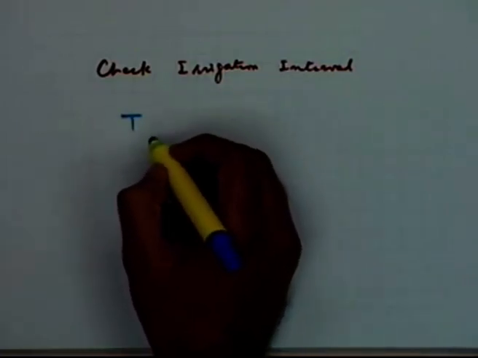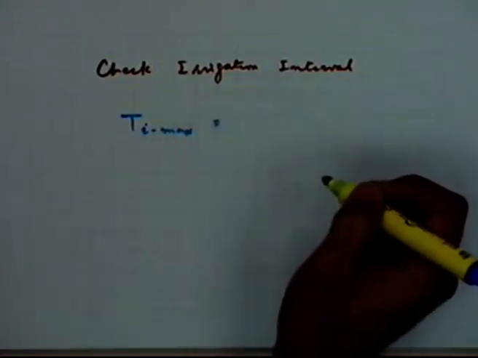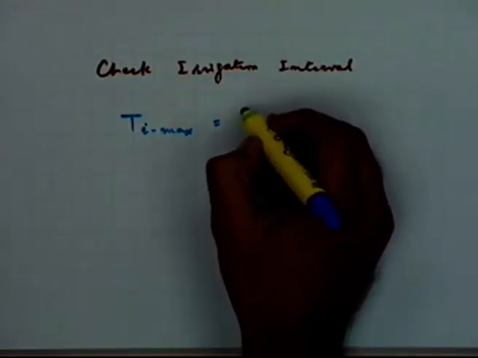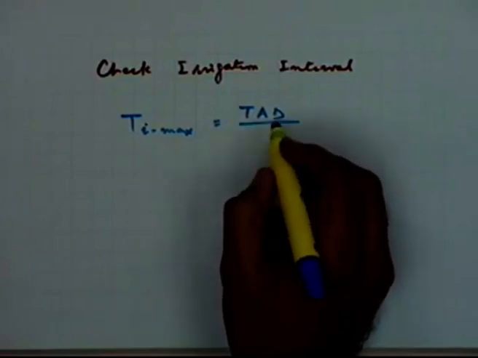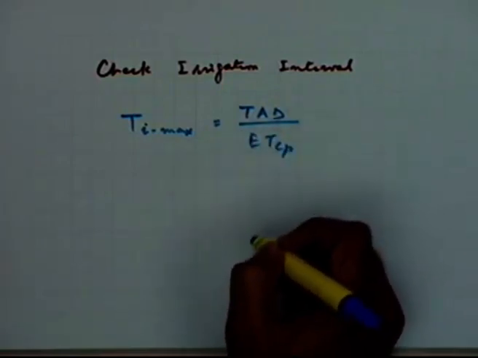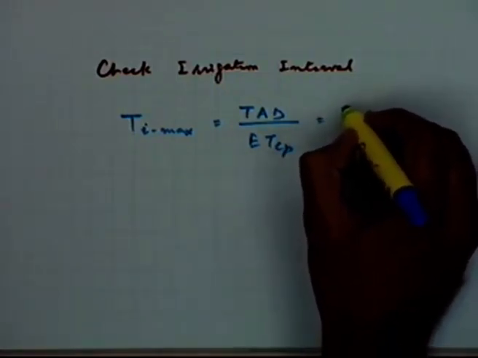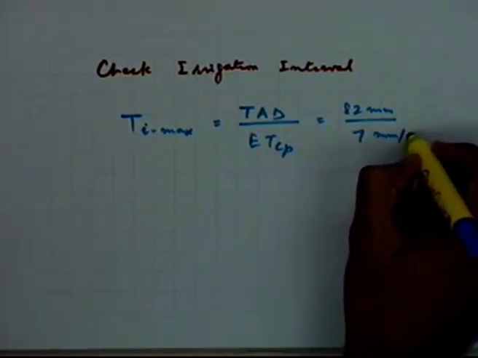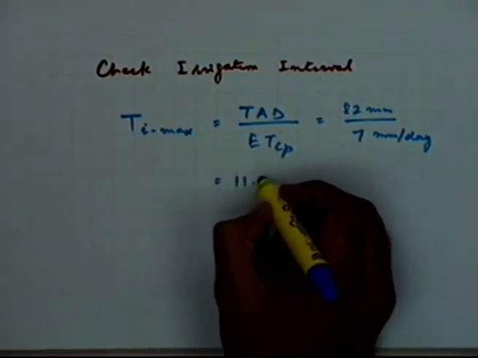So the maximum irrigation interval which will be required has to be dependent on the total allowable deficit divided by peak evapotranspiration rate of the crop, which in this particular case is 82 millimeters and this is 7 millimeters per day, which you get as 11.7 days.